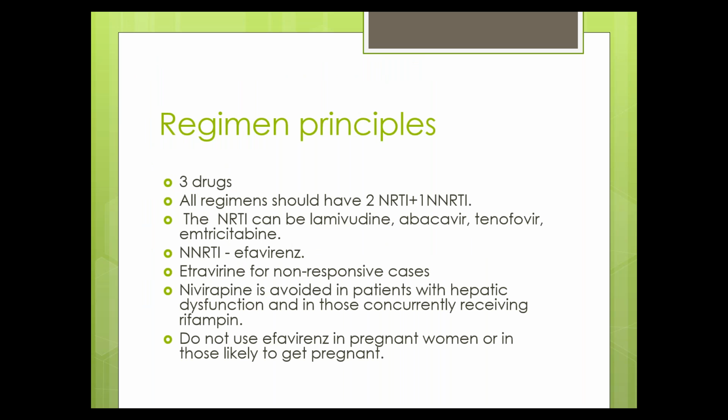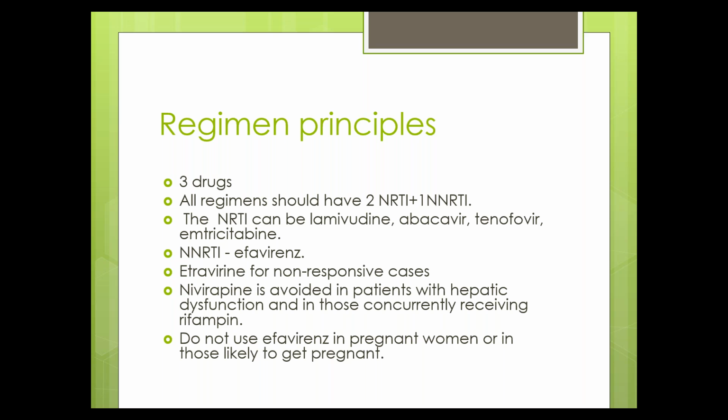Now the regimen principles: how they have designed this highly active antiretroviral therapy. Initially, just like tuberculosis, HIV treatment was started with one drug, either zidovudine or lamivudine. But the emergence of resistance started, so they are giving 3 drugs.